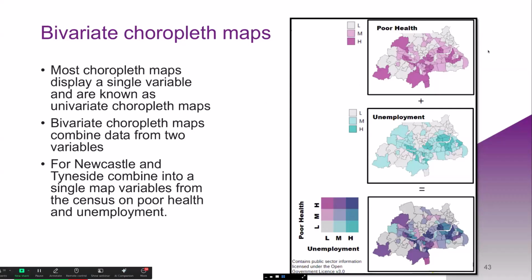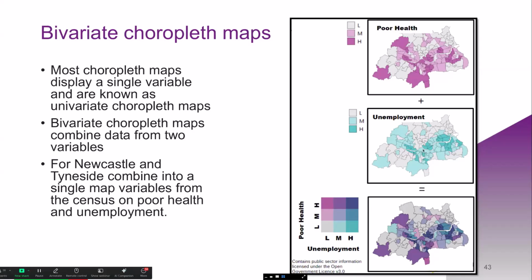And you can see that's what's happening right here. I've got two census variables, poor health and unemployment, and they basically get combined to create a bivariate choropleth map. For poor health, all the values are shades of pink, so grey, light to dark. Unemployment goes from light cyan, to darker, to very dark.